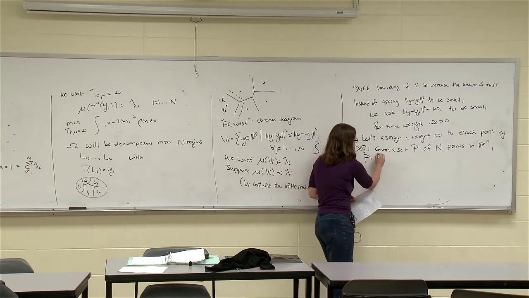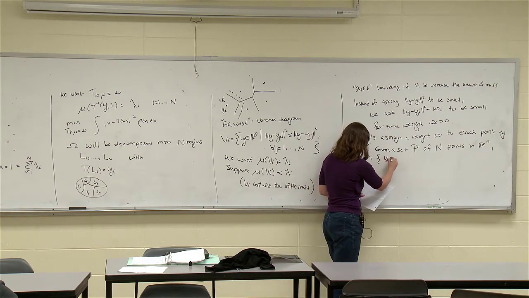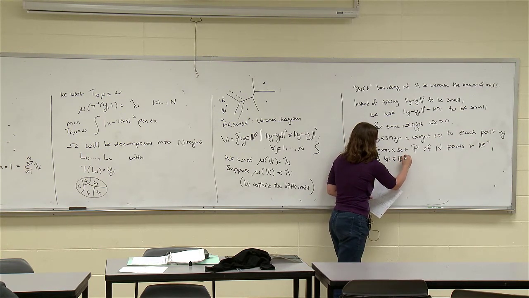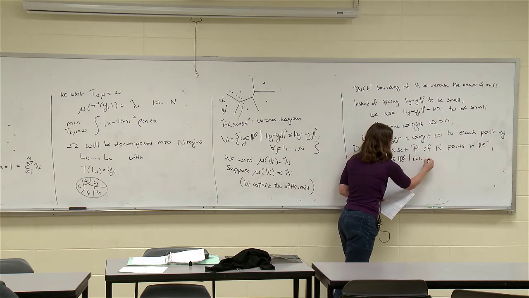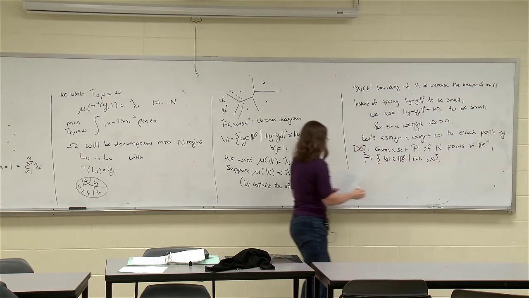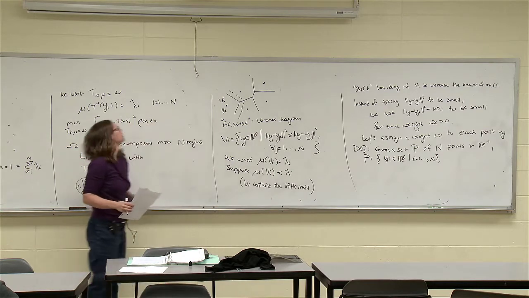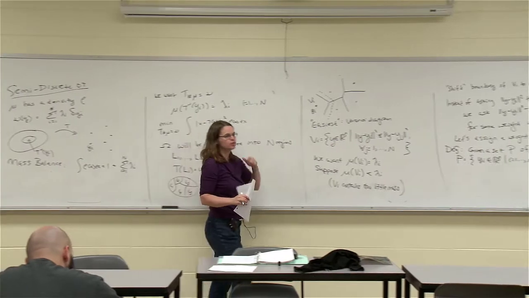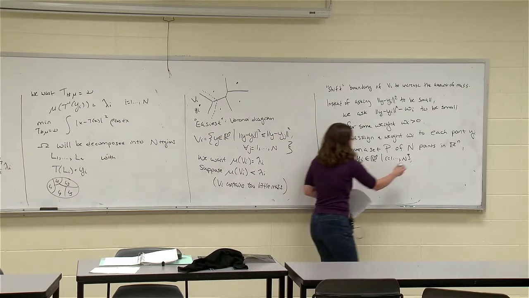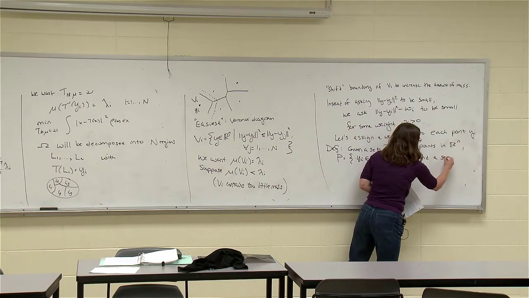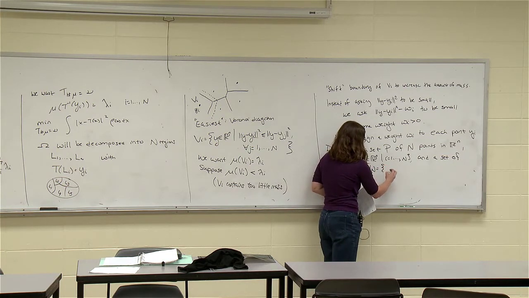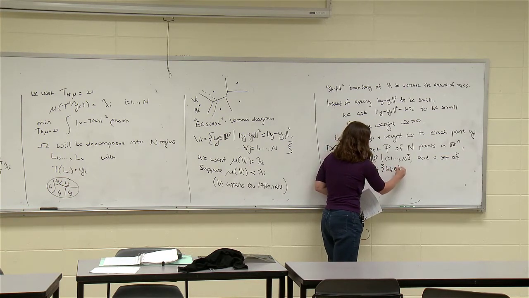P consists of all these y_i's. For the Voronoi diagrams, we were just given this set of points. Now for these Laguerre diagrams, we also need a set of weights. So we're also given this set of weights, which are real valued.